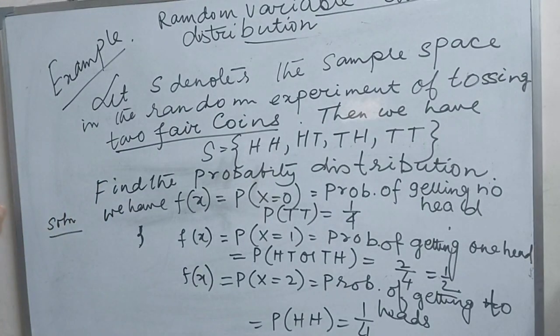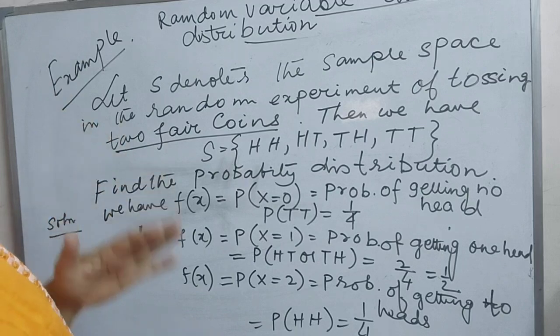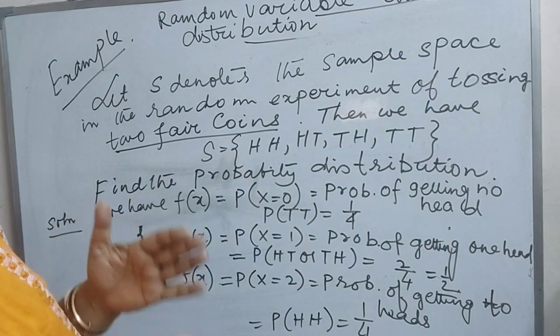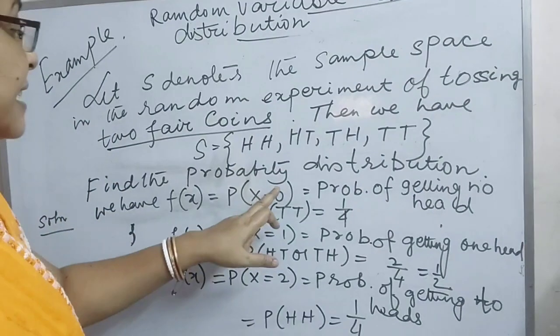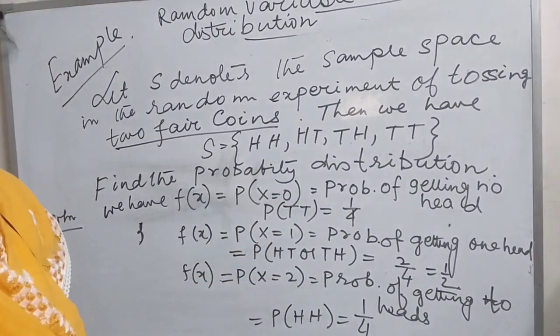I have told already, capital X equal to x1, x2, x3, up to xn. This is x1, this is x2, this is x3, etc.